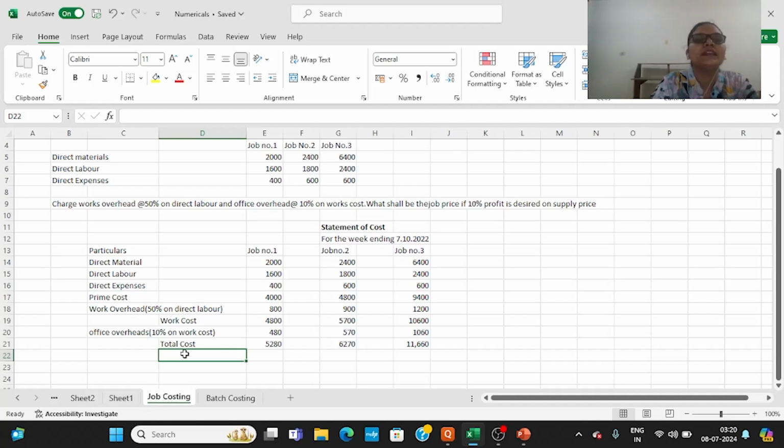In the question, it has been given: what shall be the job price if 10% profit is desired on supply price.